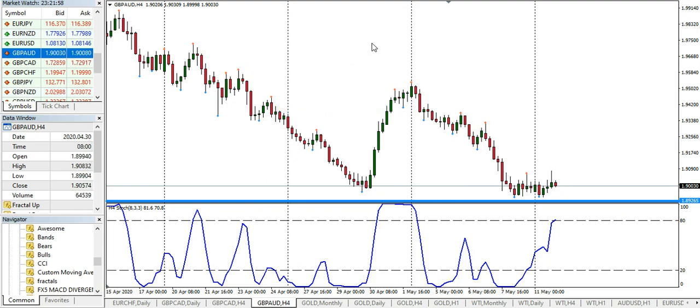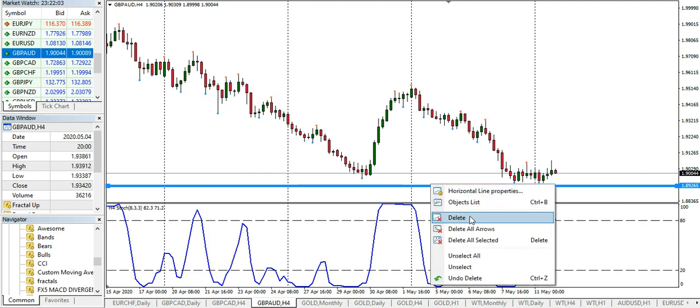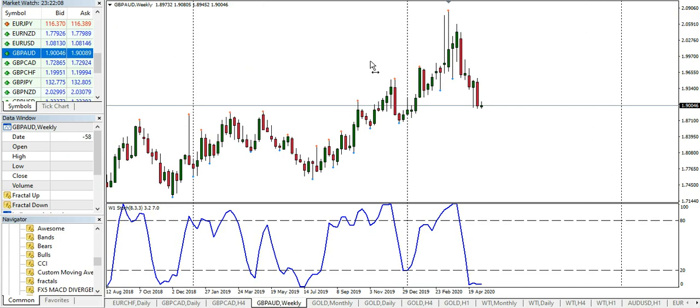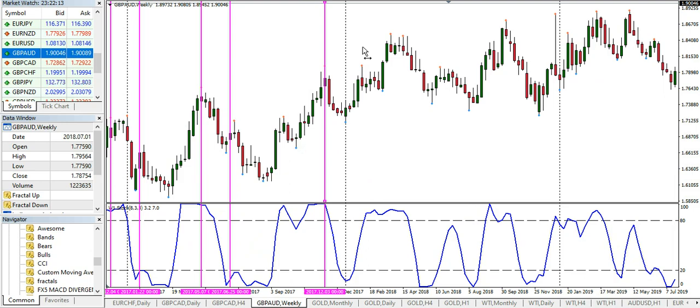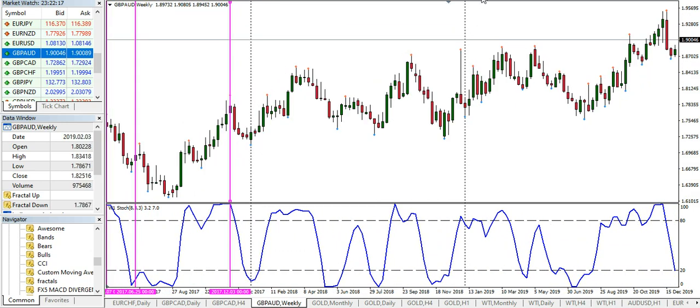So let me recap what we have done so far. Okay, so we are using the stochastic oscillator to develop a trading strategy. And what we have identified with this oscillator is that on the weekly time frame, okay, it can give us good directional bias as to whether we should be focusing on buying or selling.